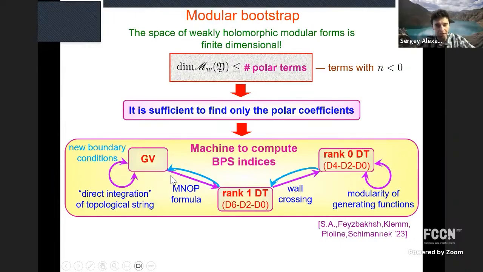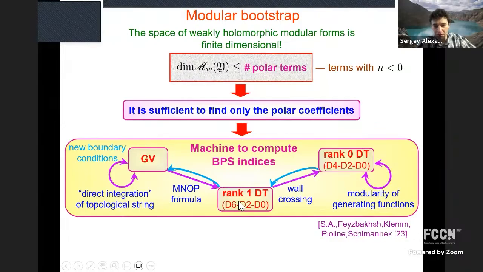Once you know GV invariants, you can apply the so-called MNOP formula due to Maulik, Nekrasov, Okounkov, and Pandharipande, which allows you to compute rank 1 DT invariants from GV invariants. In our terms, these are D6, D2, D0 BPS indices. And then Sergey derived some nice wall-crossing relations which allow us to compute rank 0 DT invariants from these rank 1 DT invariants.